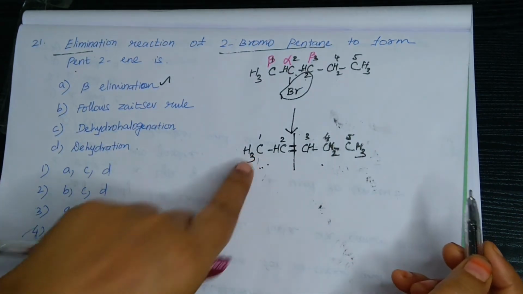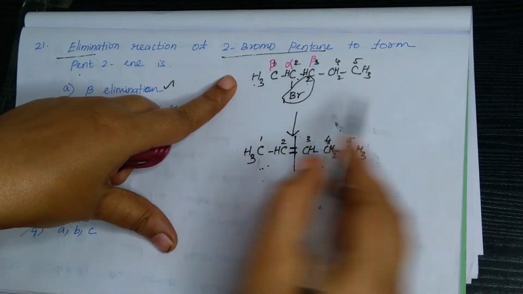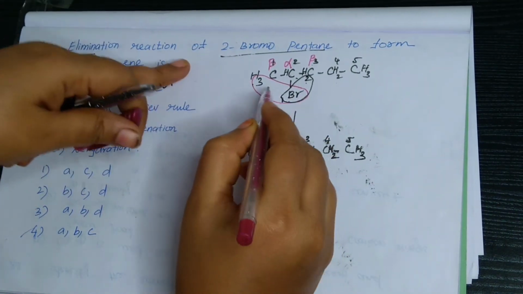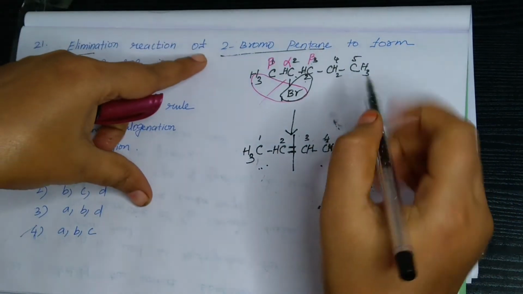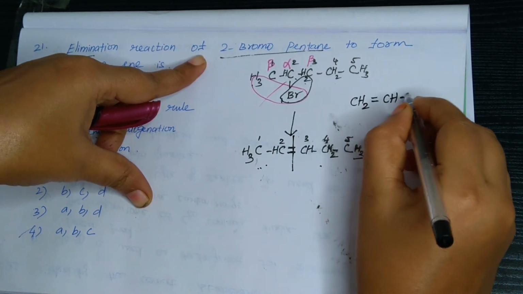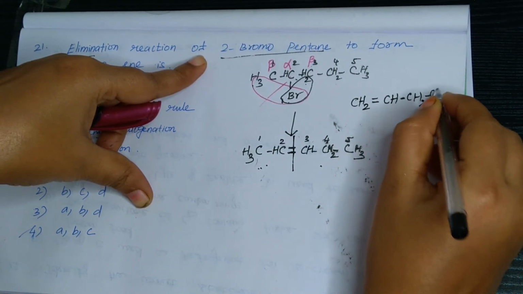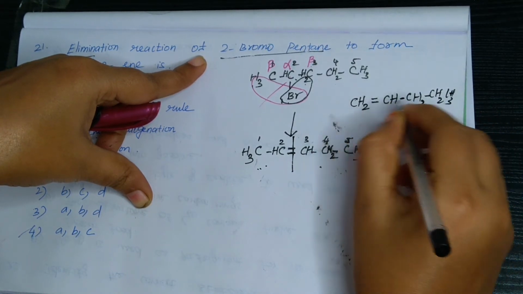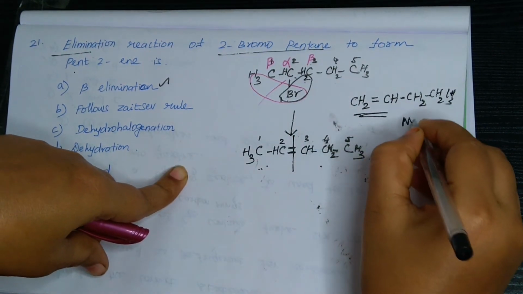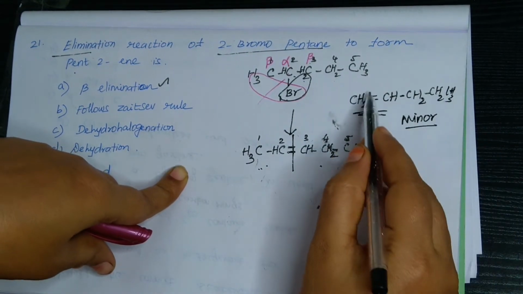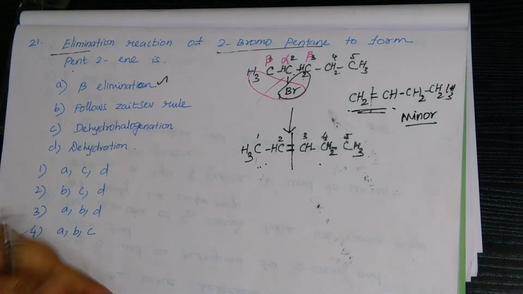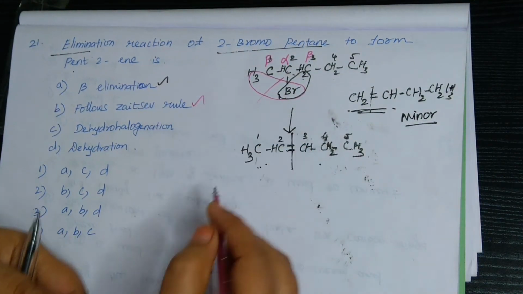If this Br and this H are eliminated, the product will be CH2 double bond CH. This will be the minor product because on either side of the double bond there should be more carbon atoms, that is the Zaitsev rule. So it follows this rule also.